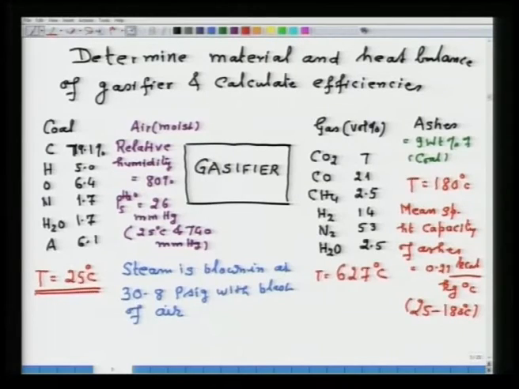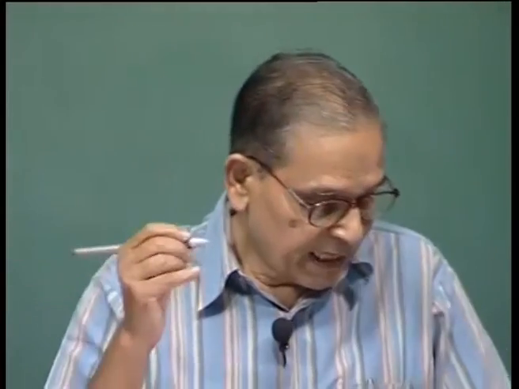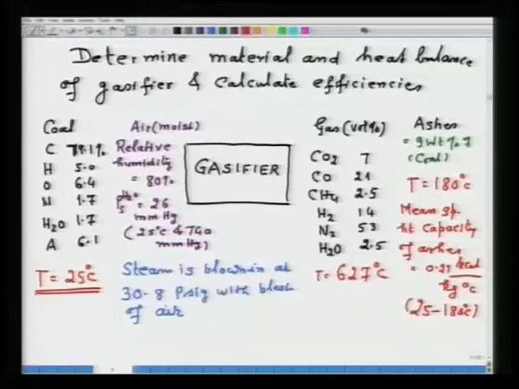Now, let us proceed first of all to go for the material balance. First we have to take the basis, as I have said. The basis of our calculation is 1 kg coal.